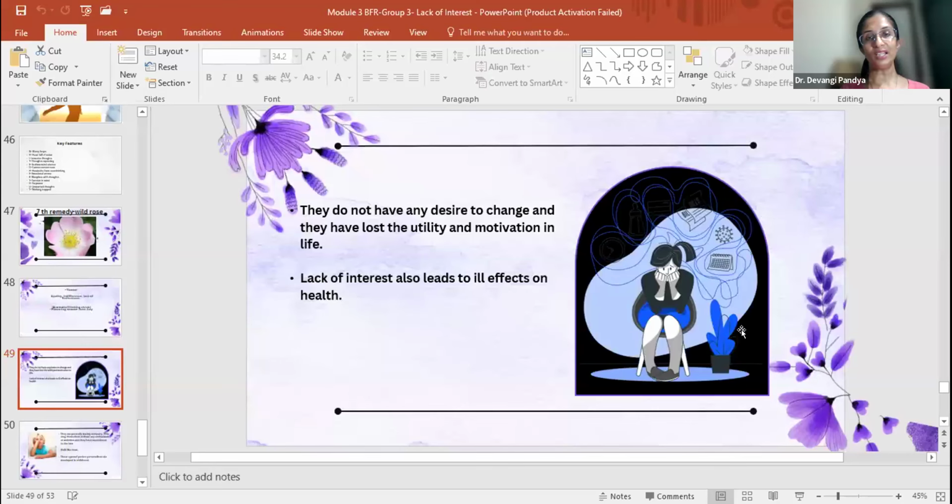So they are indifferent, and that is why they are not having motivation. When there is no motivation, they will not do anything which is giving the result or that should give the result, because of the lack of interest.